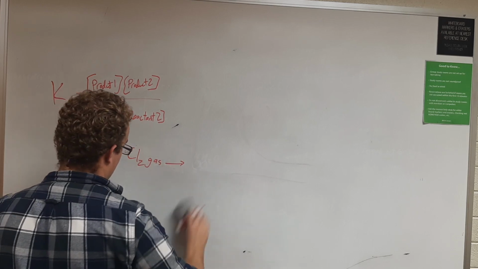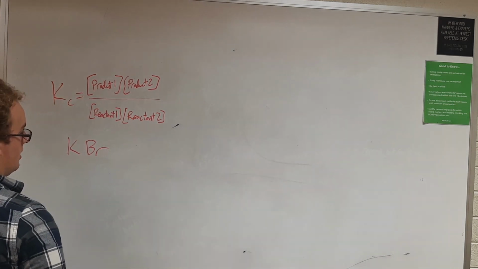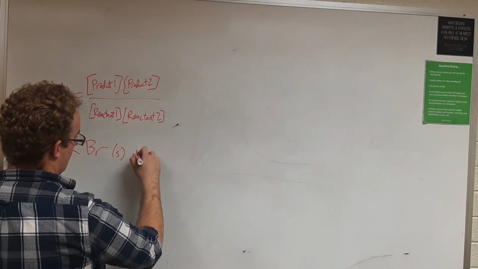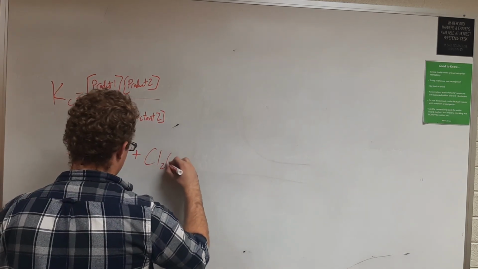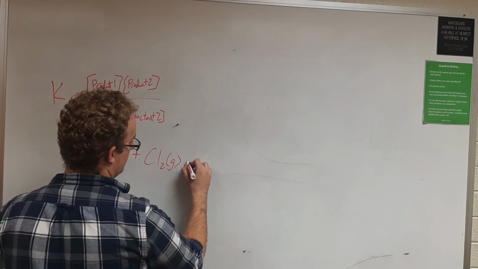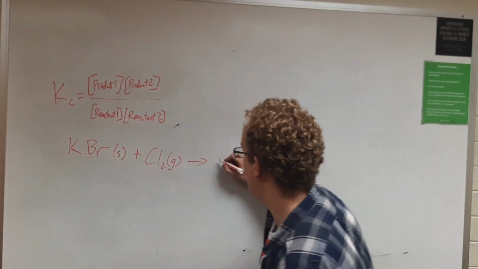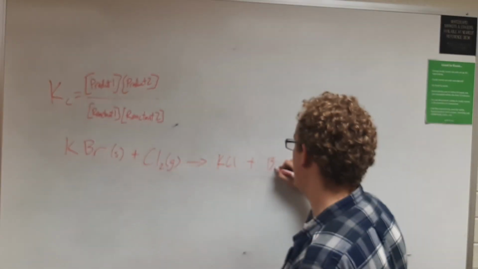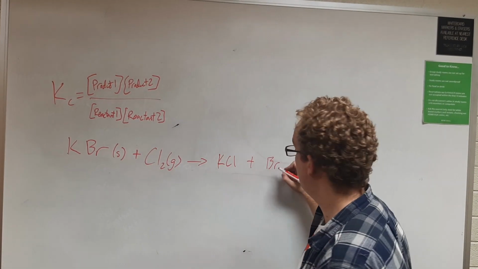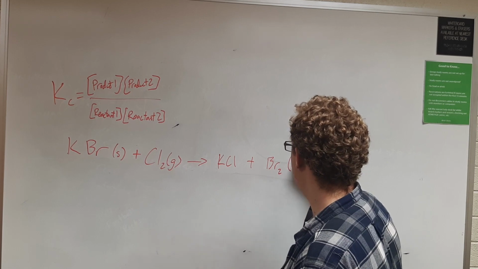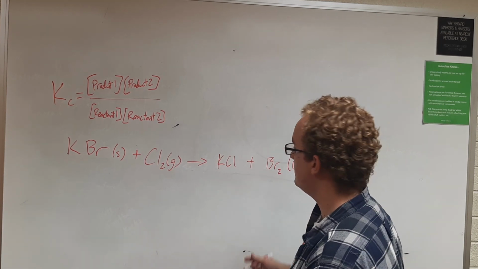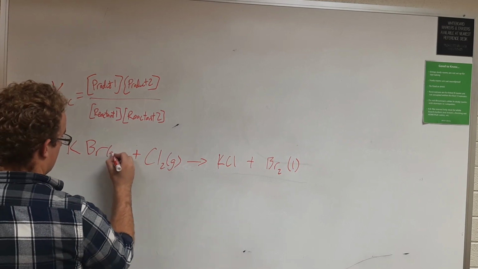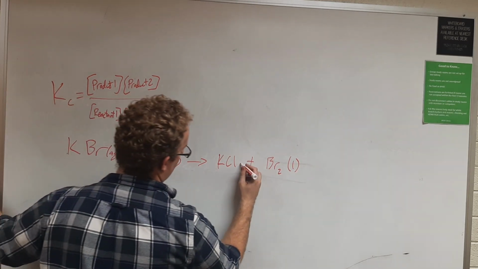And I'll put all these in parentheses. So this is kind of a weird example, and I'm not sure you would ever see this in real life. But this is what we're doing. And then that forms potassium chloride plus bromine gas, or this technically is a liquid. I guess let's say that this is aqueous. This is also aqueous, right?